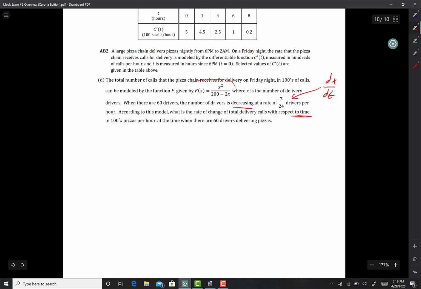Okay, that means take the derivative, because this is a number of hundreds of calls. So if you want the number of hundreds of calls per hour, we're going to have to take the derivative of this. So here we go, df/dt. Bottom, 200 minus 2x, times 100 at the top, 2x dx/dt.